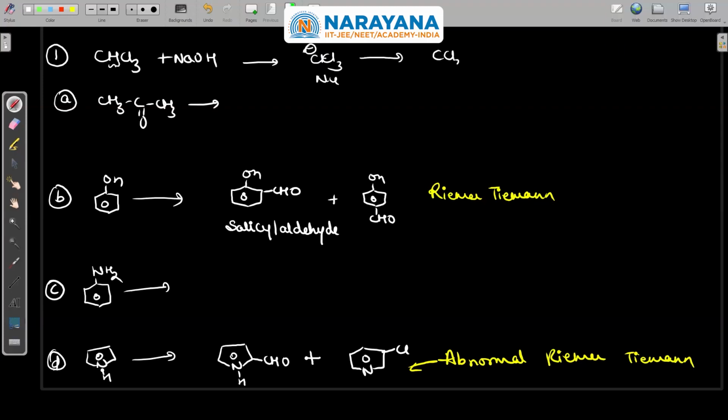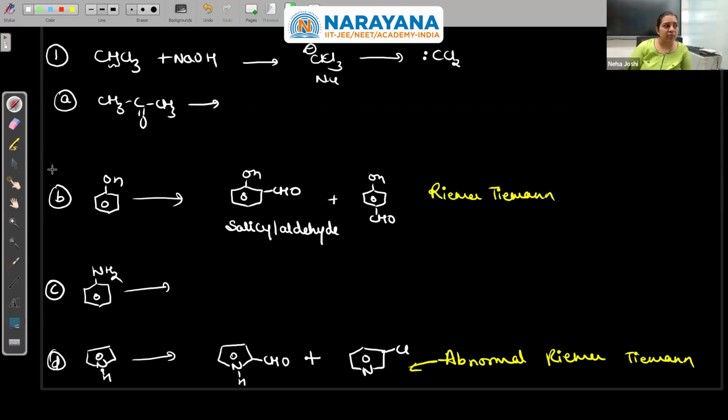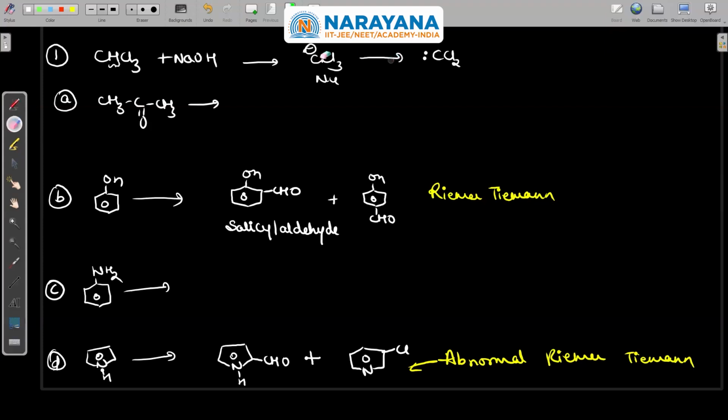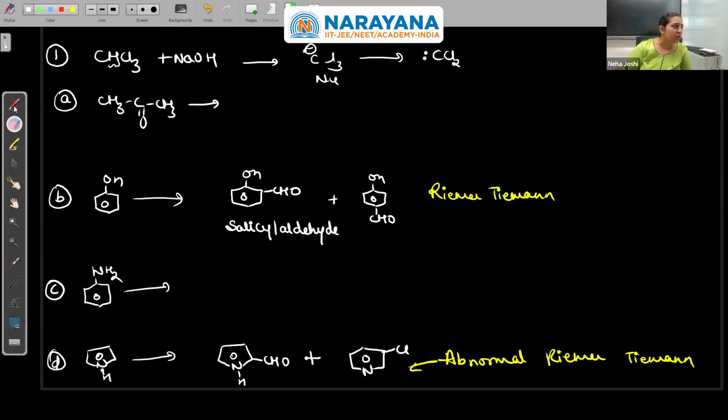Yes, it can lose and form a carbene. But as this nucleophile is once formed, will it wait to form a carbene or anything? Why not direct attack?